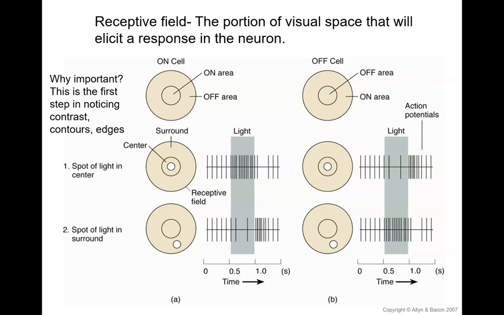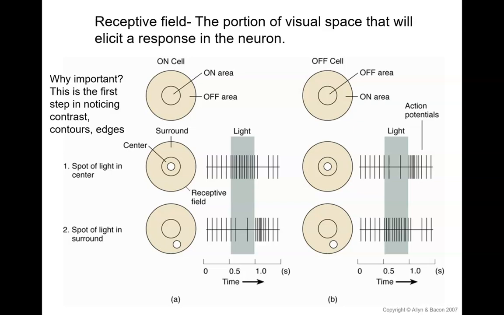Now, let's take the two pathways that we just talked about, those on and off cells, and look a little bit closer at their receptive field. If we're talking about a ganglion cell, inputs to a ganglion cell are going to come from nearby places on the retina. So the receptive field of a ganglion cell is going to be the area of space that that cell monitors.